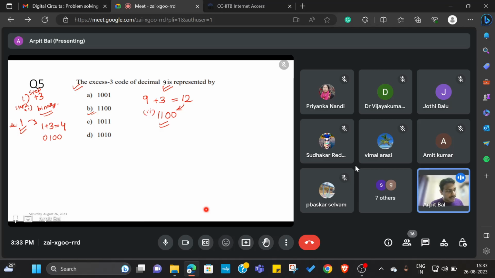So basically XS3 code helps us in performing subtraction. XS3 is a self-complementing code.